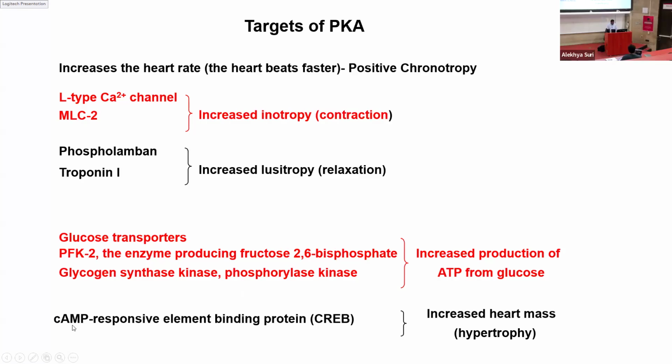For example, it can activate cyclic AMP responsive element binding protein, CREB, which is a transcription factor which can activate several genes involved in muscle contraction and enhance the muscle mass, which is referred to as hypertrophy. So the catecholamine stimulation, therefore, not only increases the rate of contraction and relaxation, but also the ATP synthesis and the protein synthesis in the cardiac muscle.